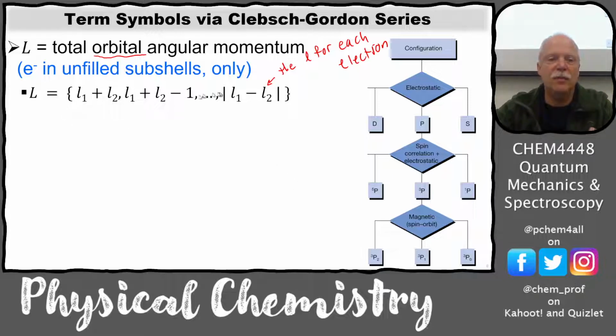So this is how we combine the little l's for 2 electrons. And think about what we're doing. This orbital has angular momentum in it. So let's think about, here's the sun, okay?